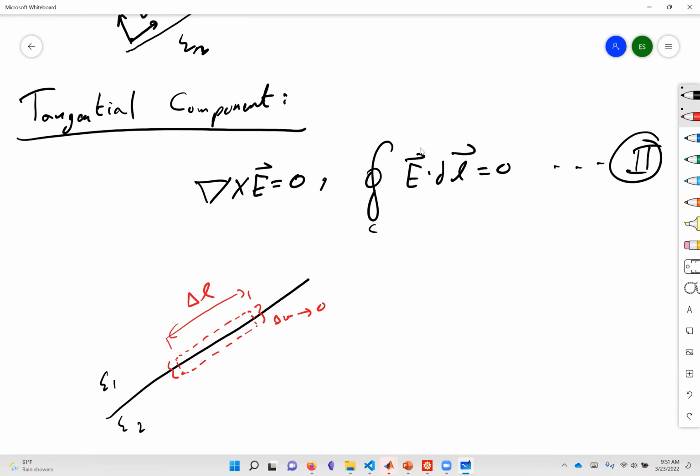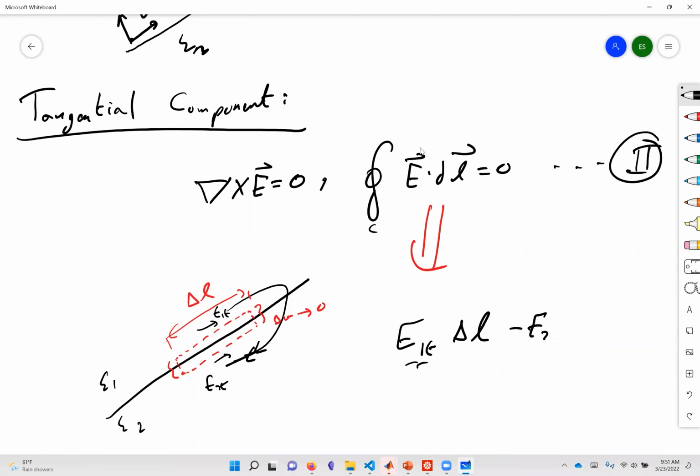And this is delta L. So if I apply this, I'm going in this direction, clockwise. So it's going to be E1T delta L. Then I'm going clockwise, so once I'm going in the same direction as E1T, and then when I go to the other material, I'm going in the opposite direction of E2T.